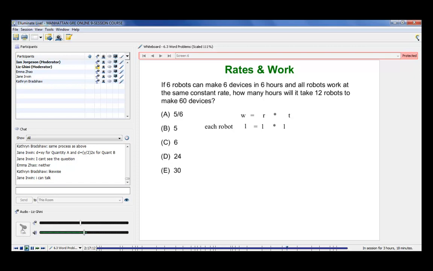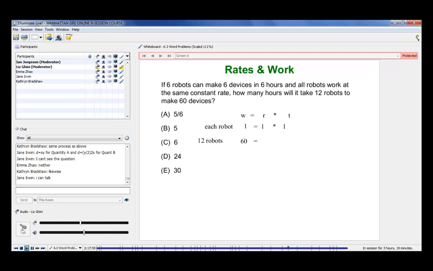Yeah, that's absolutely the key, to think conceptually about what's going on. I've got 6 robots, so each robot is making 1 device in 6 hours, okay? So if I had 6 robots, of course I'd get 6 devices. So you have to be careful with this rate. If each robot makes 1 device in 6 hours, and I have 12 robots and I'm going to make 60 devices, I have to think, what's the rate of 12 robots?